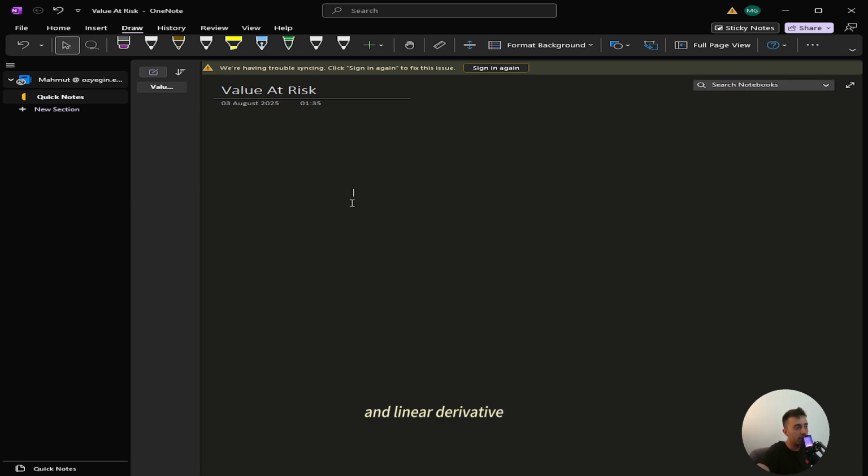A linear derivative occurs when the relationship between an underlying factor and the derivative is linear in nature. For instance, an index futures contract is a linear derivative, because our delta is constant, guys. If delta is constant, this means you have a linear derivative. A nonlinear derivative is a function of the change in the value of the underlying asset and depends on the state of the underlying asset.